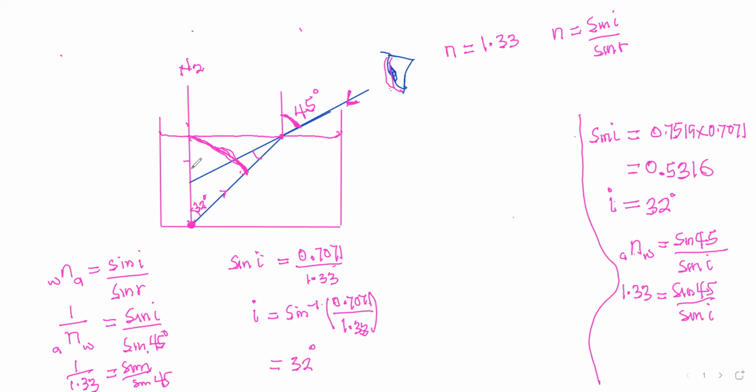this is 45. By corresponding angle rule, this is also 45. And we saw from the theory that if this is R, this will also be R, because this is the extension of this ray, this refracted ray coming out through air.